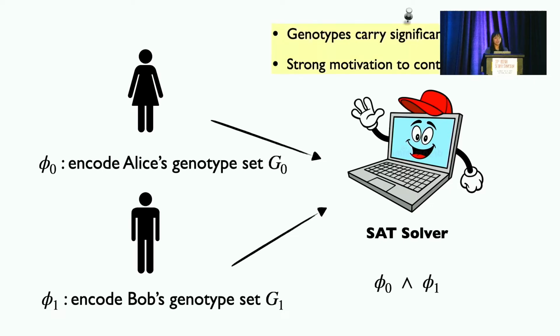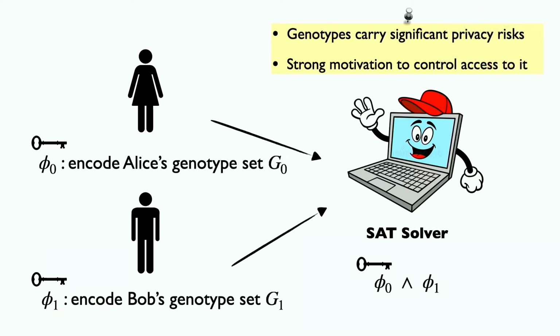However, their input formulas usually contain a lot of information about the genotype, and the genotype carries significant privacy risk. In this case, Alice and Bob have strong motivation to keep their input formulas private. When their input formulas are private, the conjunction of their input formulas is also private. This private formula is beyond the capability of existing SAT solvers.